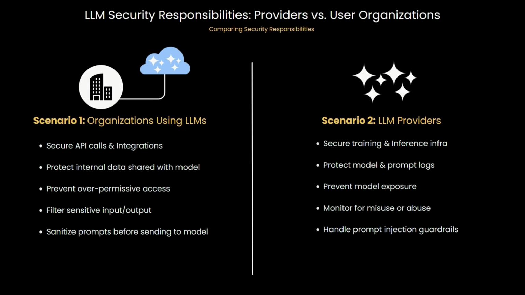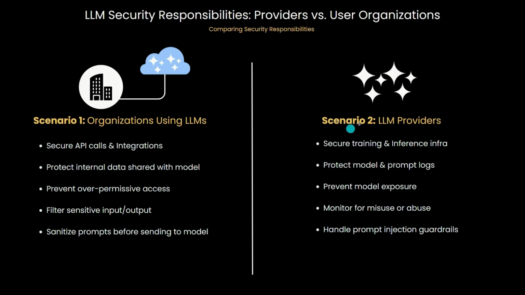Then filtering sensitive input-output, especially to prevent prompt injection and data leakage. And then sanitizing the prompts before they are sent to the LLM, treating them like user-submitted content in a web application. So those are the security focus areas, as per me, which organizations using LLMs should take.